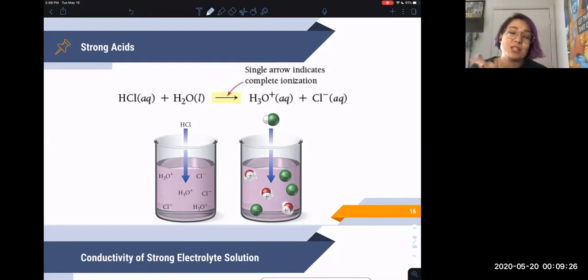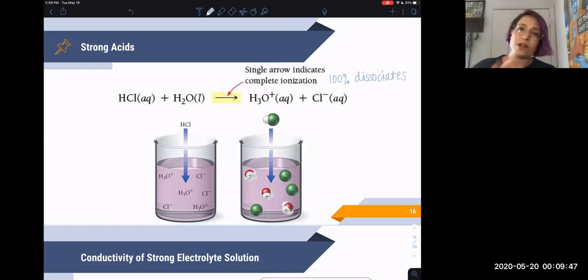Okay, we've got these things called strong acids and strong bases. A strong acid is really good at its job. Remind me what the job of an acid is? Yep, donating.